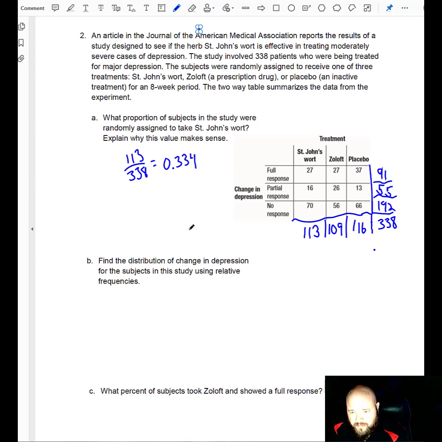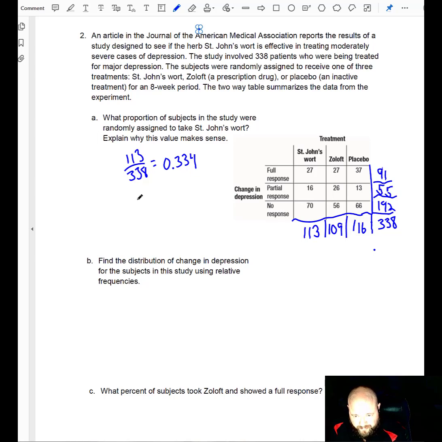Okay? Explain why this value makes sense. Well, let's see here. So there are 3 treatments, right? 1, 2, 3. And out of those, our total was 338. So these are all sitting just a little over 100. So that makes sense because it's just like a third of it was assigned, right?